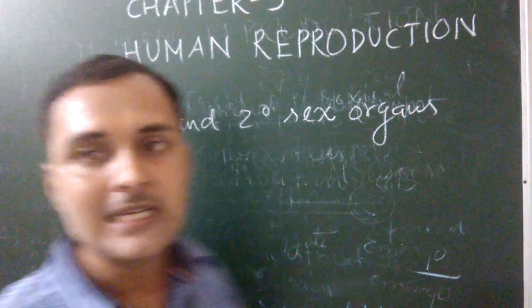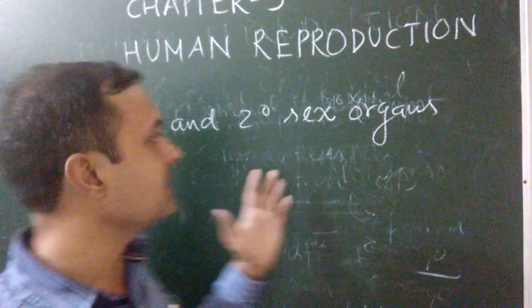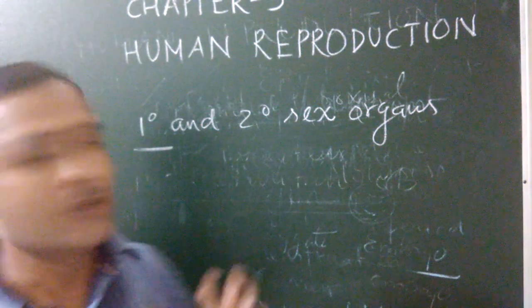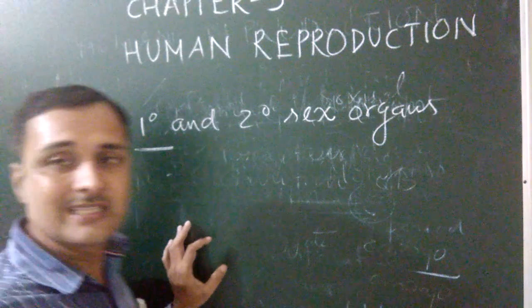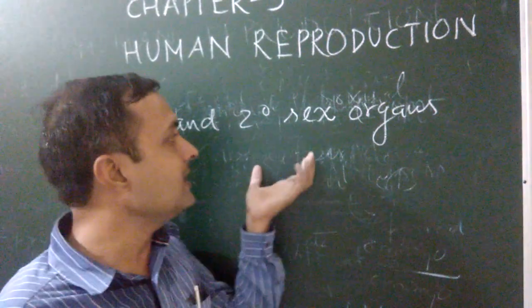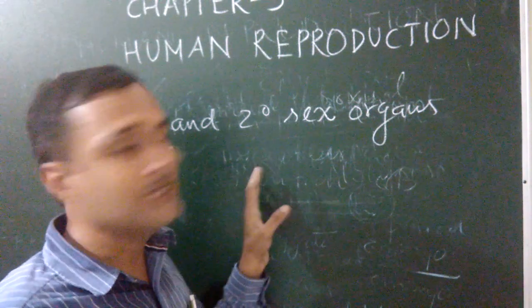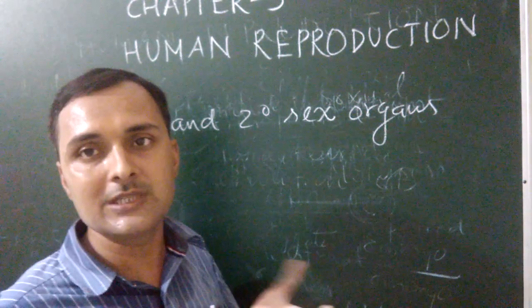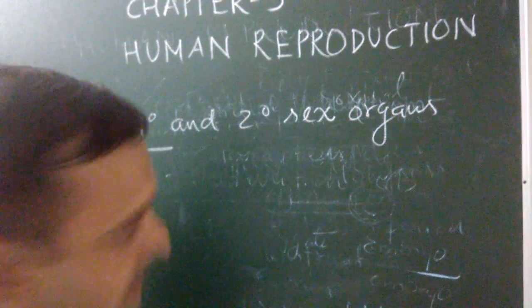In human males it is the testis, and in human females it is the ovary, because the testis produces the male gamete sperm and secretes the male sex hormone, testosterone, and the ovary is also a primary sex organ because it produces the egg or ovum. It also produces the female sex hormone, estrogen. So these are primary and secondary sexual organs.